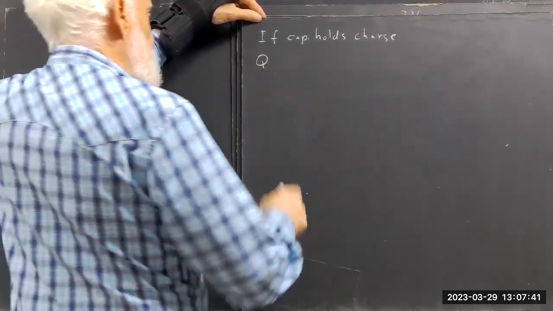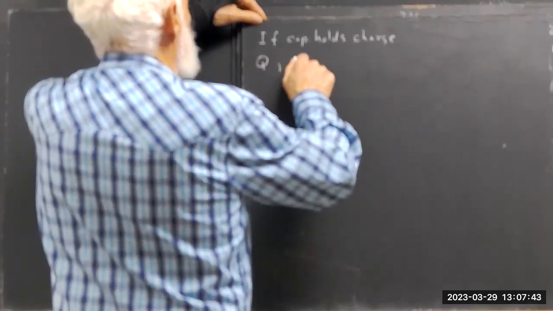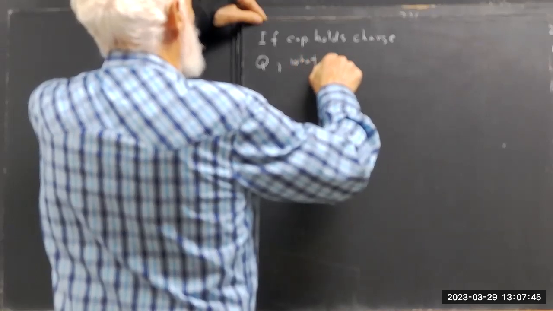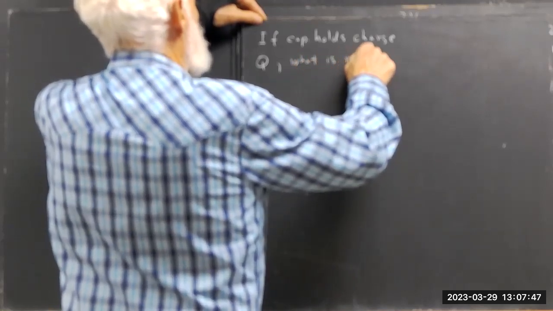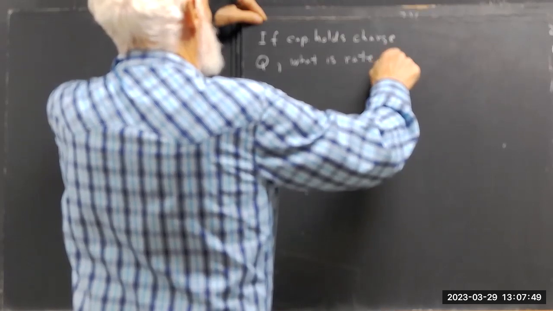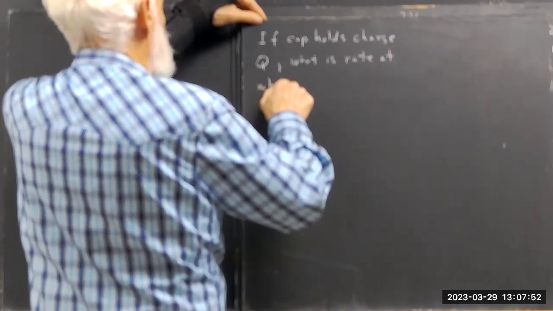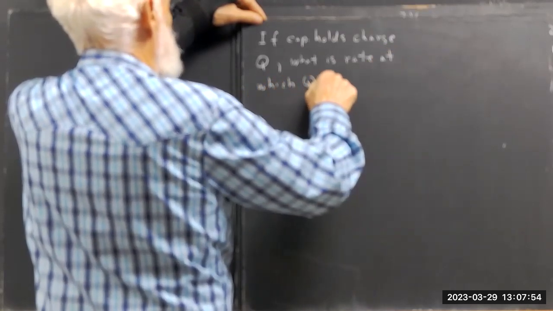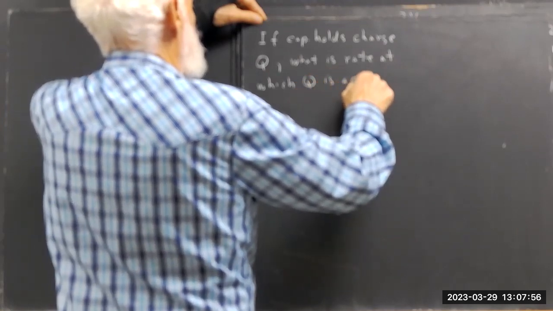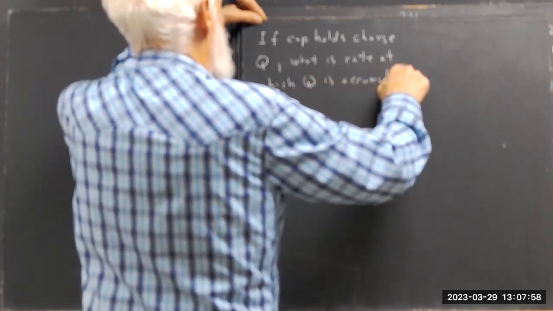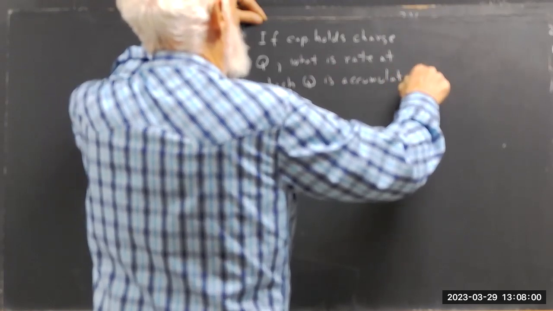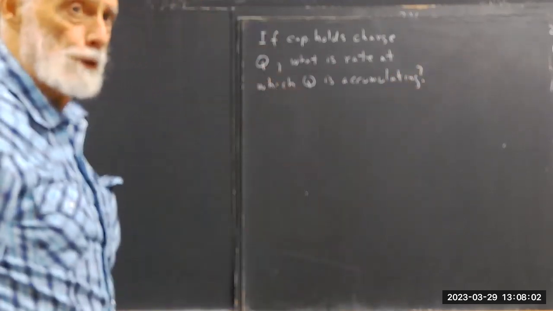The capacitor holds charge Q. What's the rate at which Q is accumulating?